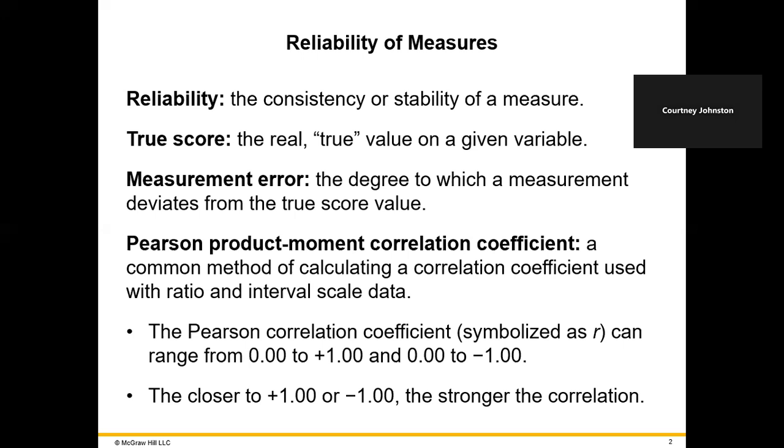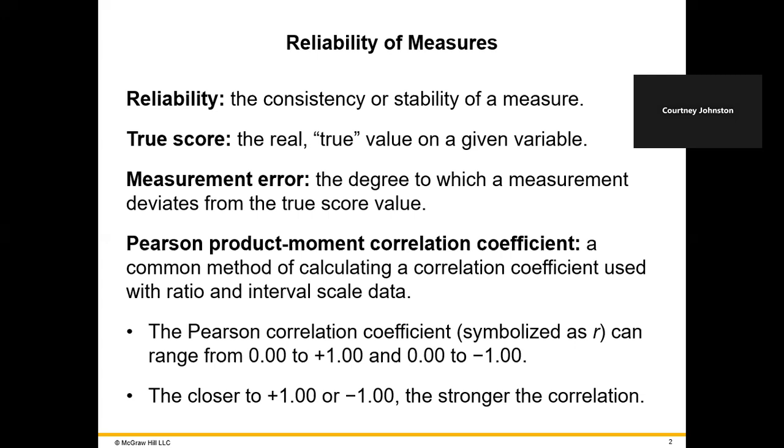So, is it reliable? We talked about the example of the thermometer in the prior chapter, and it would be valid. A thermometer is valid if it is accurately measuring the temperature outside. Now, when it comes to reliability, on the other hand, this is going to be based on, can we get the same measurement or temperature over and over and over again?